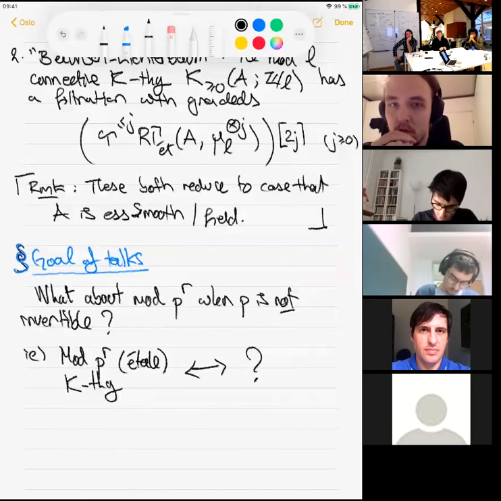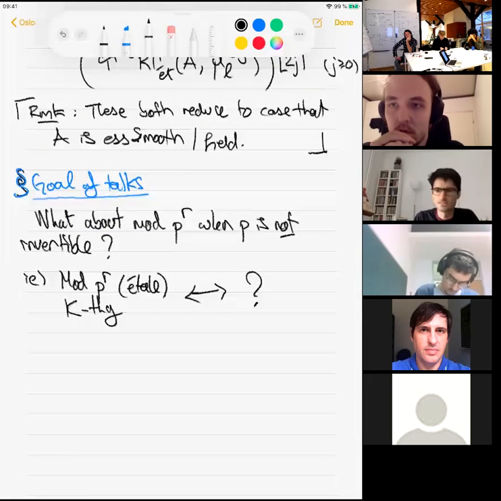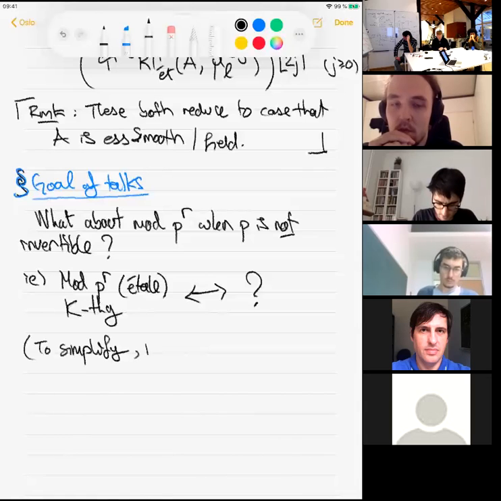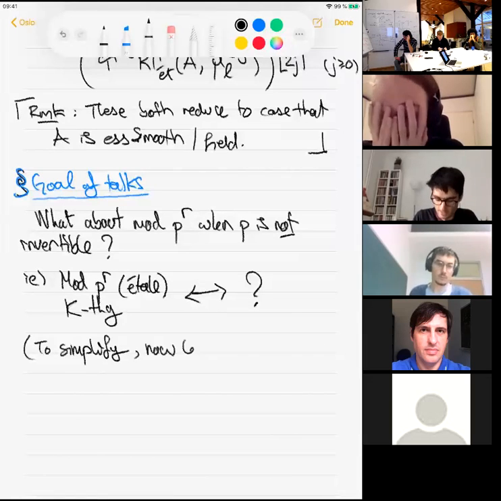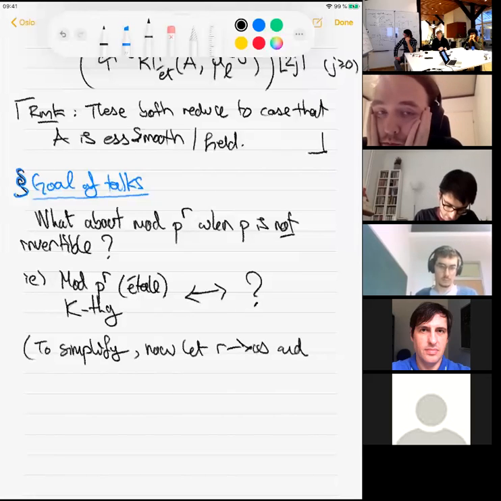So let me start with a few reductions. Firstly, just to simplify notation, it gets a bit tiresome always writing Z mod P to the R everywhere. We now always let R go to infinity and work with various p-adic completed invariants.